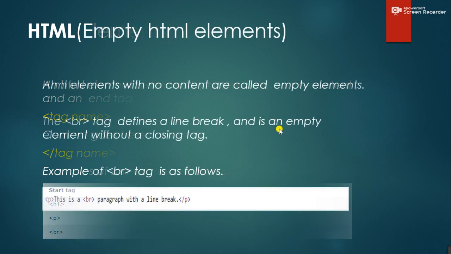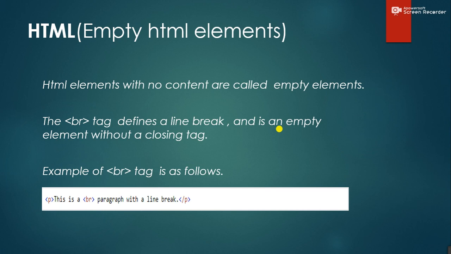Now move forward to our next slide. What is an HTML empty element? In the previous slide, you saw at the bottom we have the br tag. This br tag is called an empty HTML element. HTML elements with no content are called empty elements.